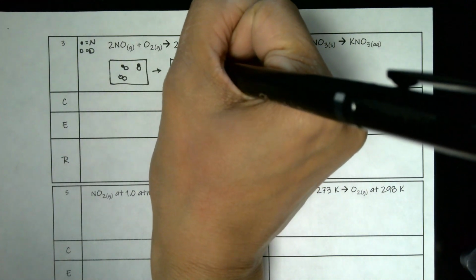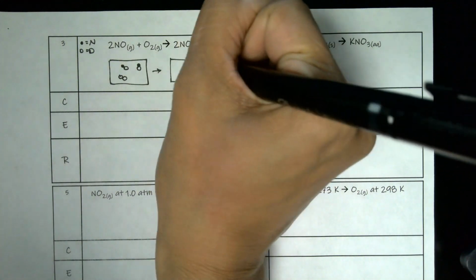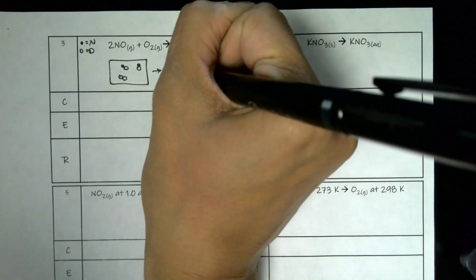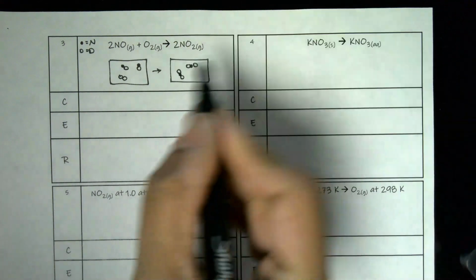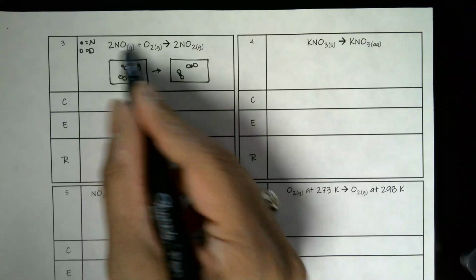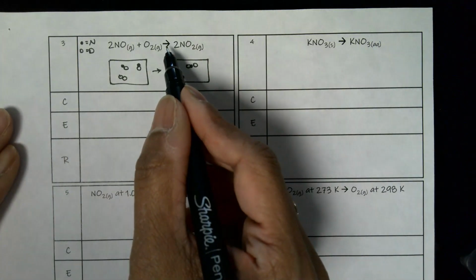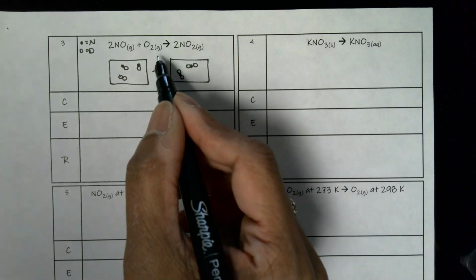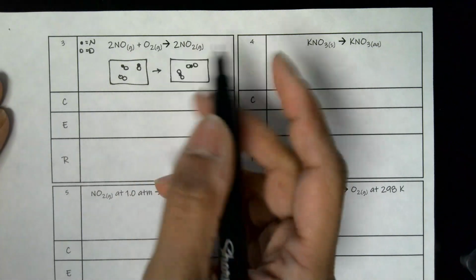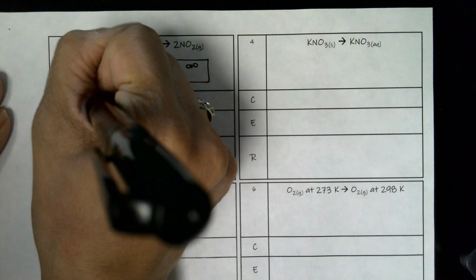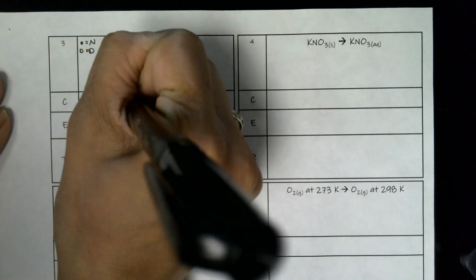Because we'll make N the central atom, notice we go from 3 moles of a gas to 2 moles of a gas. So essentially this is probably not thermodynamically favorable.